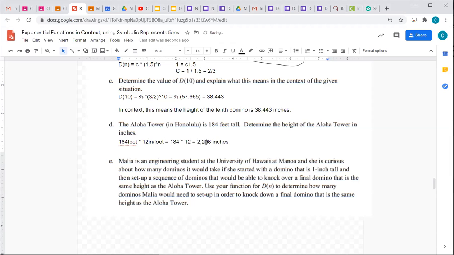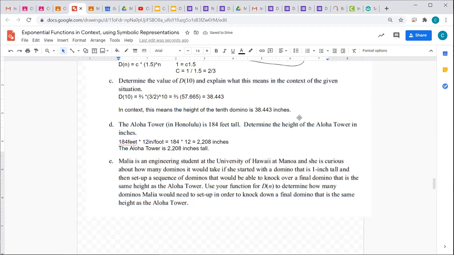So the Aloha Tower, let's capitalize because it's a name. Aloha Tower is 2,208 inches tall. All right.